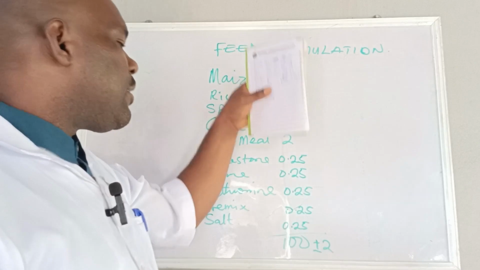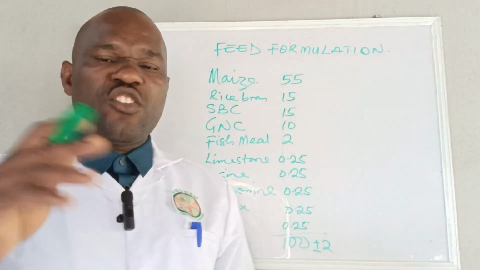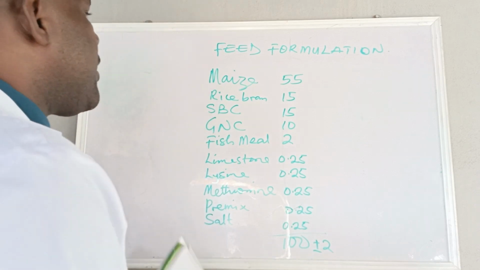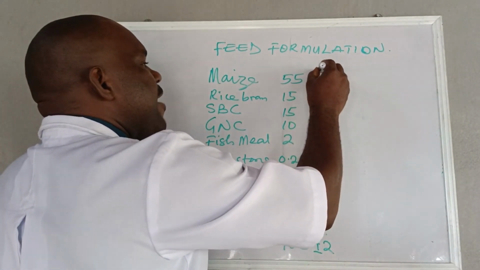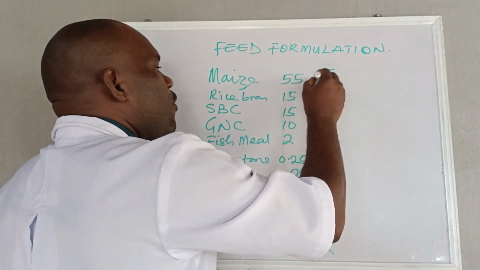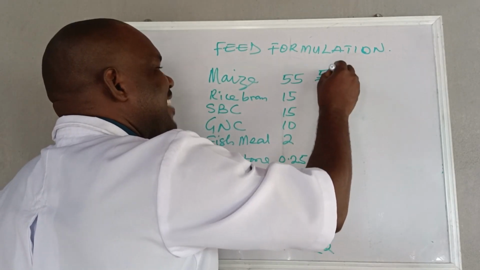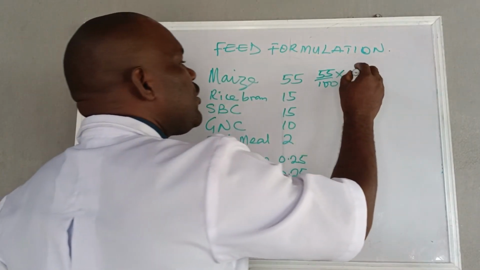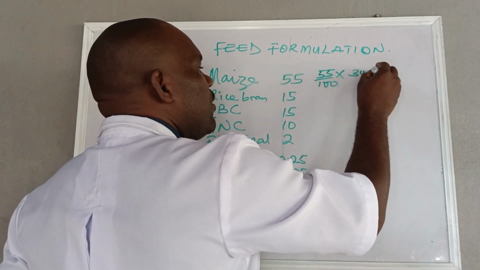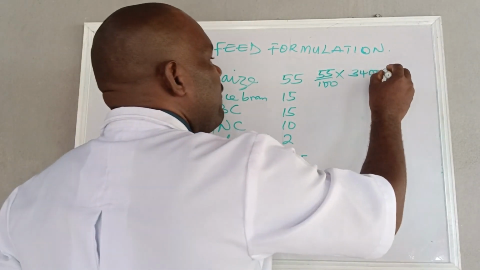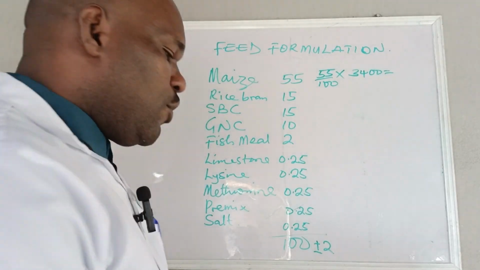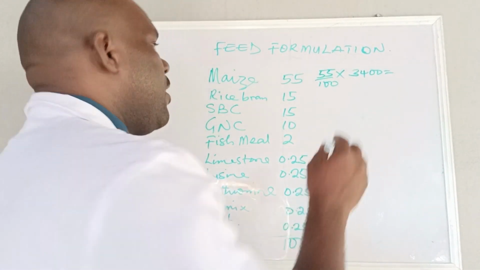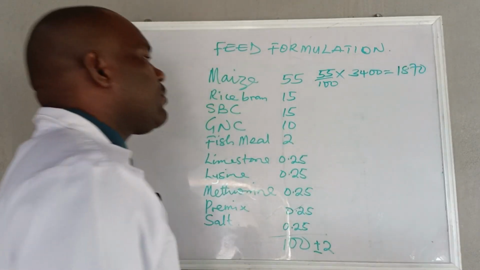For you to calculate the total energy value of this combination, this is what you will do. You say 55 over 100 times the energy value of maize, which is 3,400, and if you use your calculator, you will have 1870.